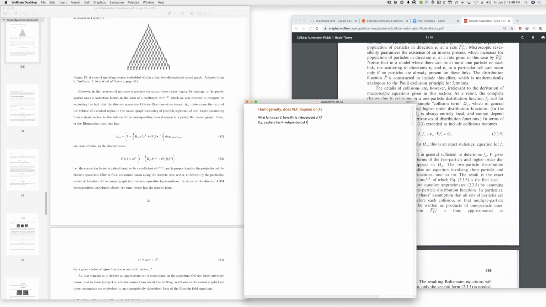So what does that mean? Is that like vacuum solutions to Einstein's equations, so to speak? What's the difference between having something which is, okay, what can we say about the homogeneous case where it's independent of x?